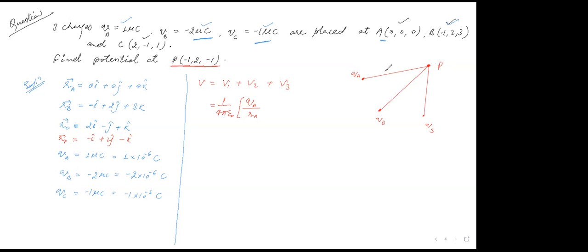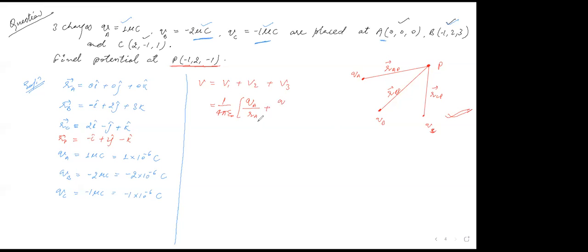You can write here RAP. And this is your RBP, and this is your RCP. Do you understand, Nawal? Yes, sir. Okay. Matthew, is this picture clear? Yes, sir. Clear. Okay, good.